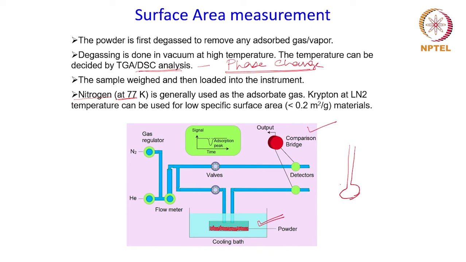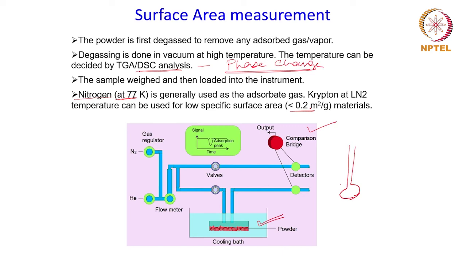Okay, and apart from nitrogen, other gases also can be used. For example, krypton at liquid nitrogen temperature can be used for materials having low specific surface area in the range of less than 0.2 meter square per gram.